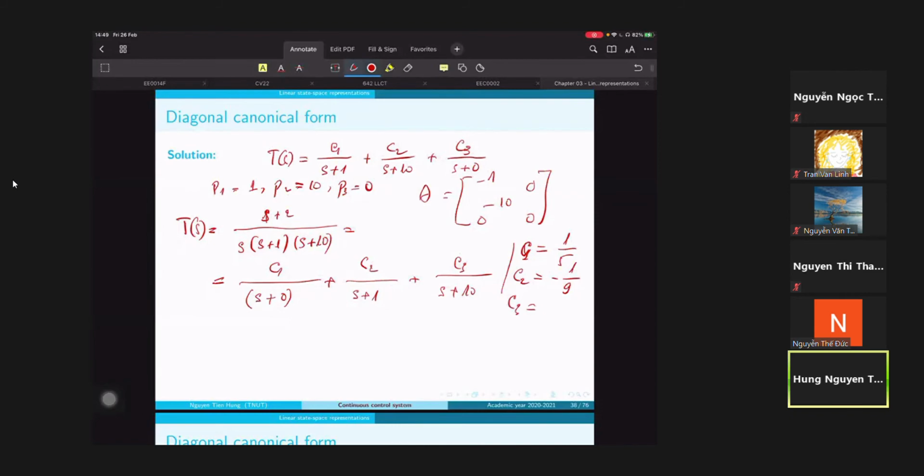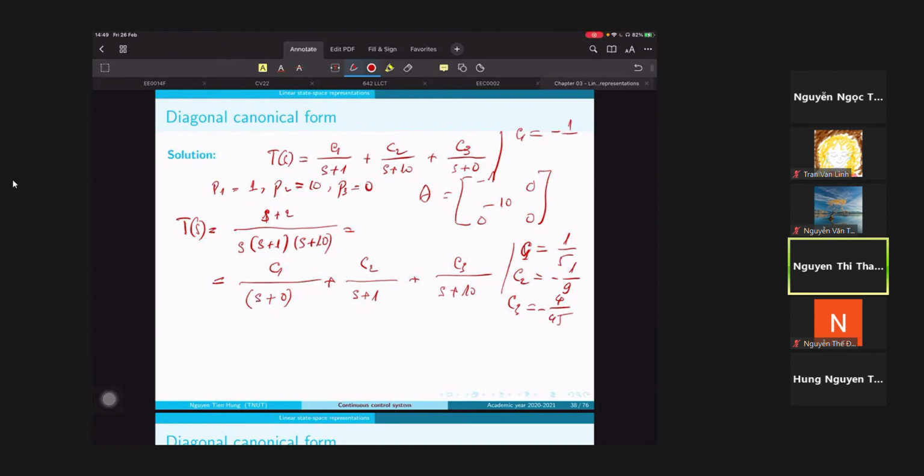C3 is minus 4 over 45. But if you represent it in this form, we got C1 is how much? Is it minus 1 over 9? Yes. Okay, minus 4 over 45, and C3 is plus 1 over 5.